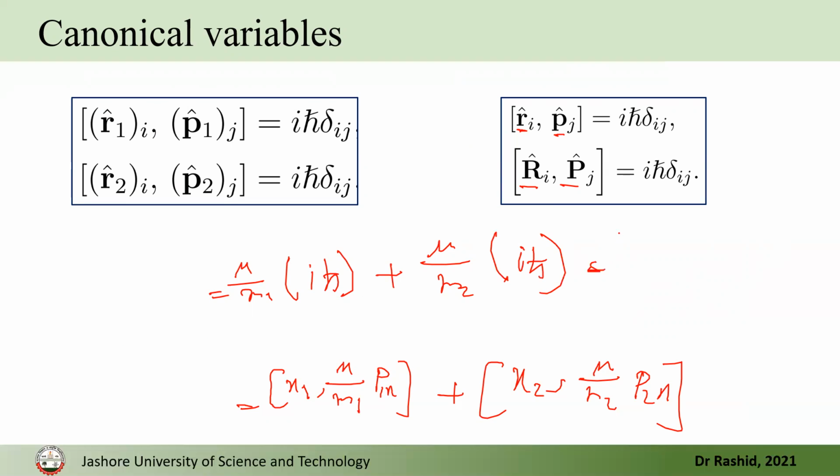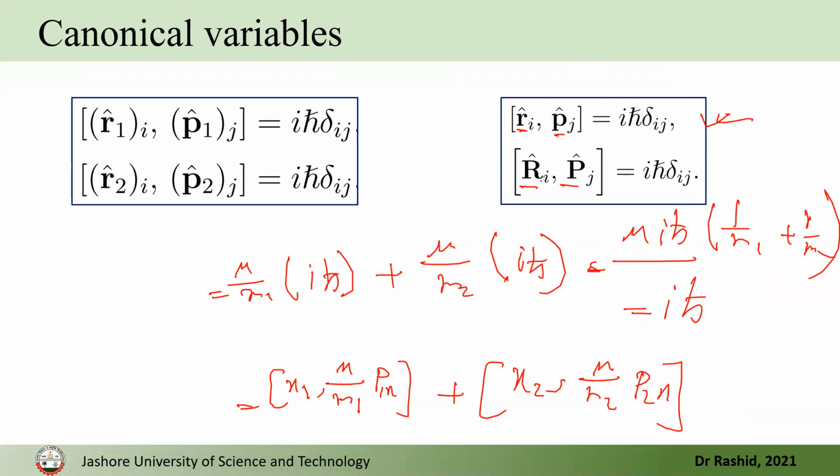Now if we take mu i h-bar out, we will have 1 by m1 plus 1 by m2, and this is nothing but, sorry, this is nothing but 1 by mu. That means we have i h-bar. So they satisfy the canonical commutation relation.